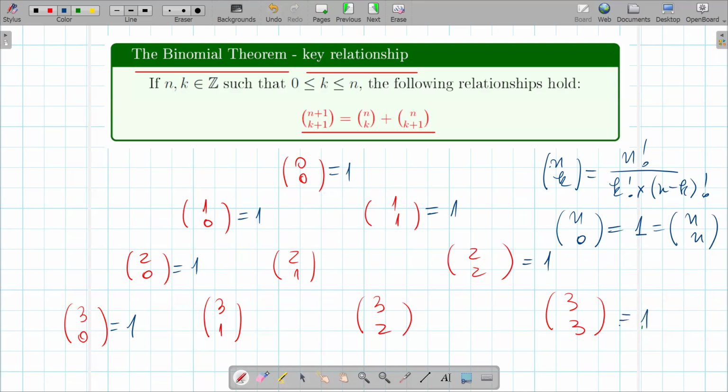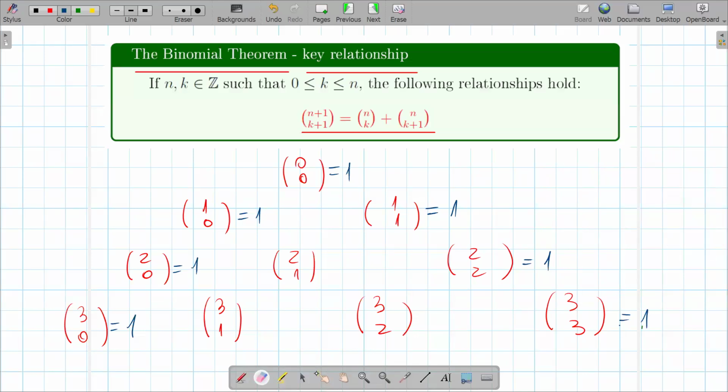All right. What else is going on here? Well, let's actually look at computing 2 choose 1. Well, 2 choose 1 is 2 factorial over 1 factorial times 1 factorial. So this is actually 2.